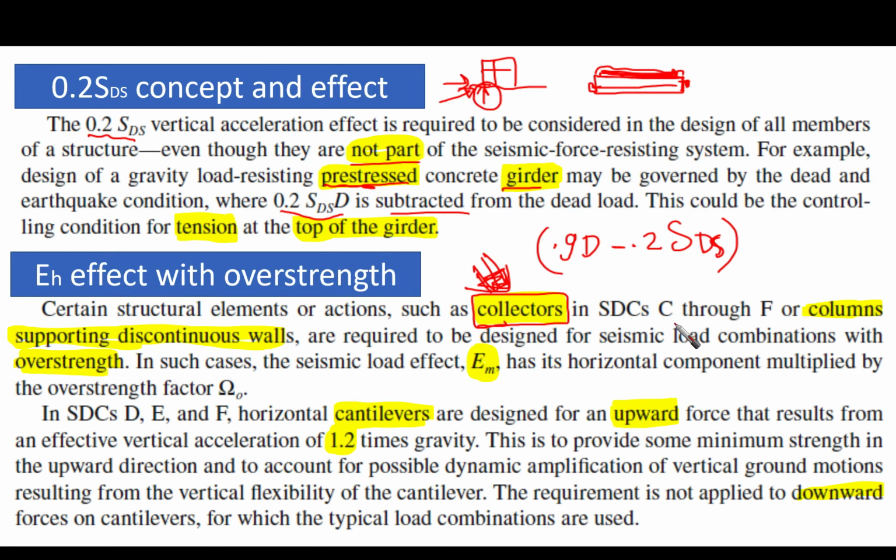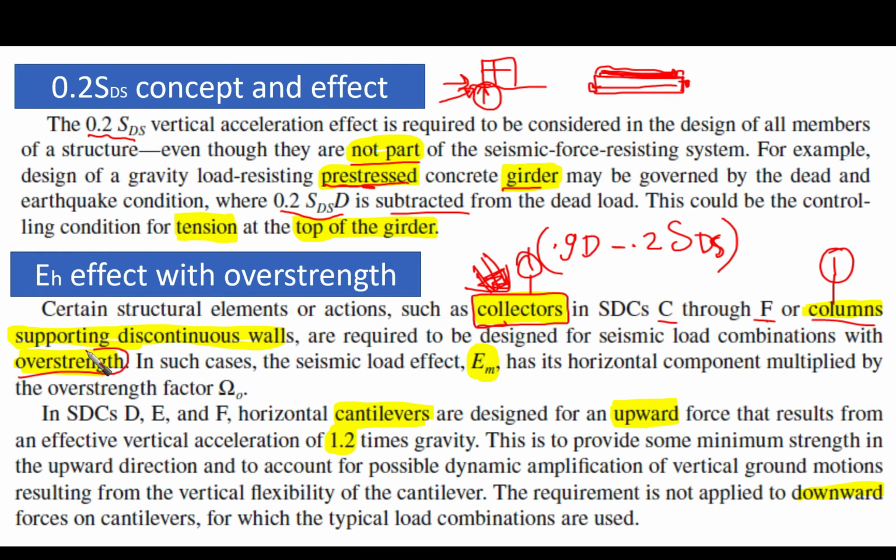In seismic design categories C through F, so A and B are excluded here, or whenever we are talking about columns supporting discontinuous walls, so we have collectors and columns supporting discontinuous walls, they are required to be designed for seismic load combinations with overstrength.